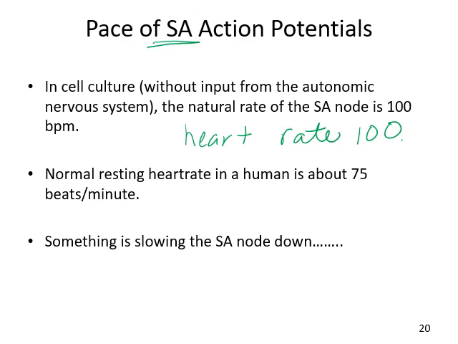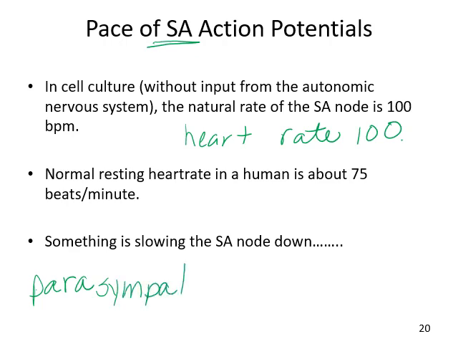That is not our normal resting heart rate. Our normal resting heart rate is 70-ish. It varies from even down in the 60s up to 75, but it's not 100. So a normal resting heart rate in a person is about 75 beats per minute. So there's something in the body that is slowing the SA node down, and that something is the parasympathetic nervous system.